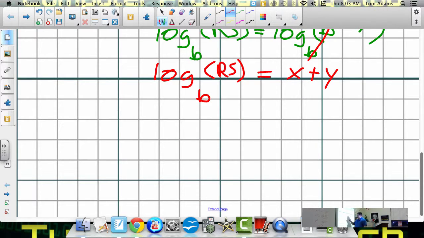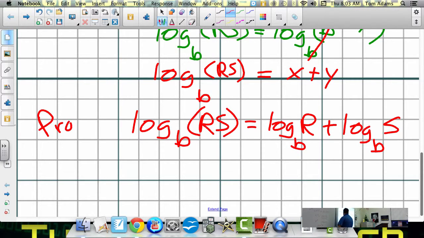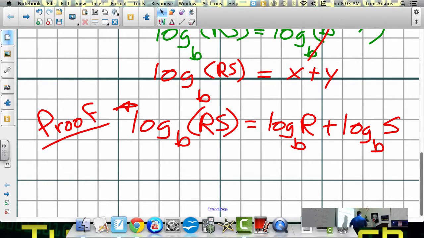That means that log base B of RS is equal to log base B of R plus log base B of S. Done. That's the proof. So that's where that comes from.